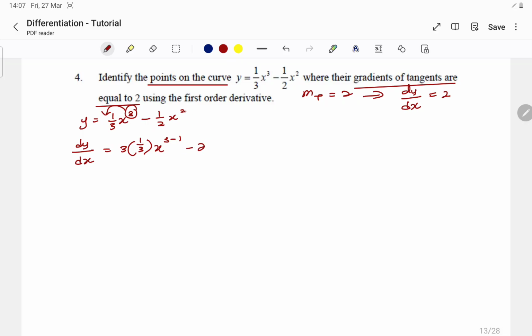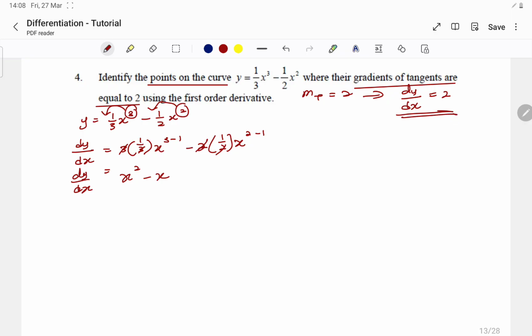And then 2 you bring in front also, minus 2 multiplied with 1 over 2 x to the power of 2 minus 1. Then here you're going to get x squared, this one can cancel also, minus x. So this is your dy/dx. So dy/dx is equal to x squared minus x.